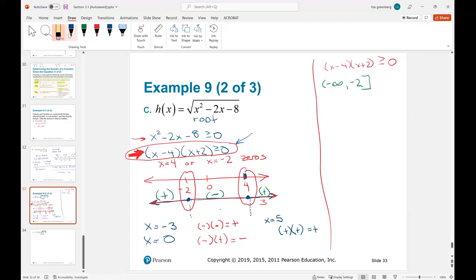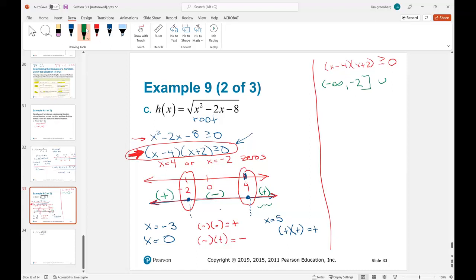I think these are definitely not helping. Now I look at the middle interval and it's negative. I don't want a negative number. I discard it.